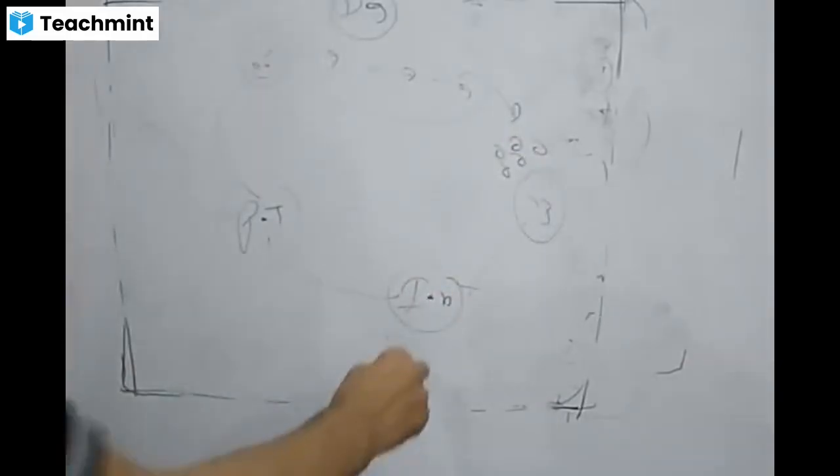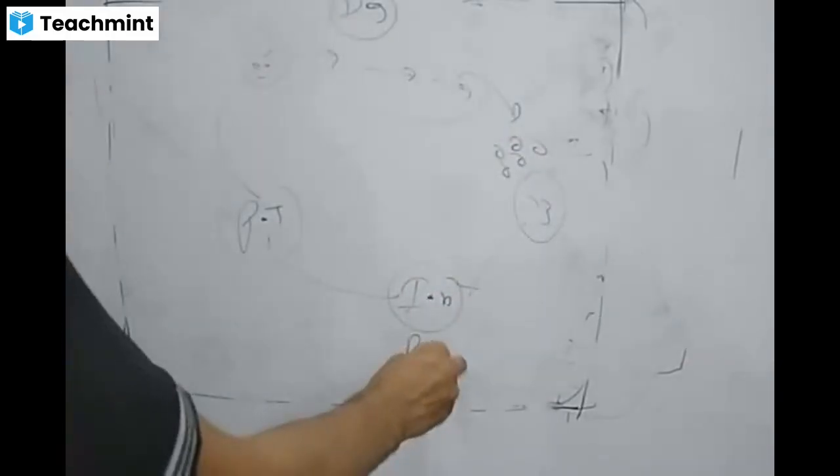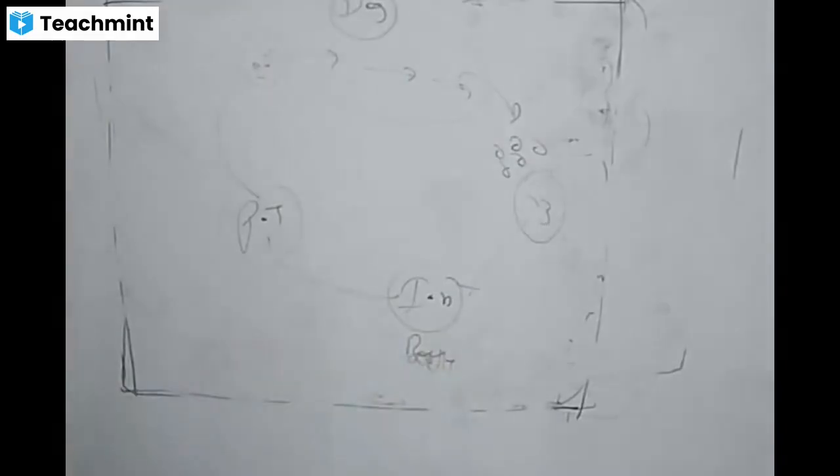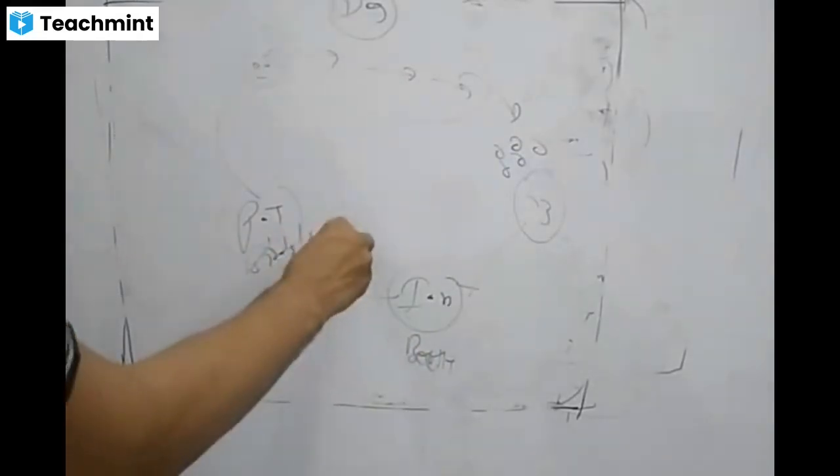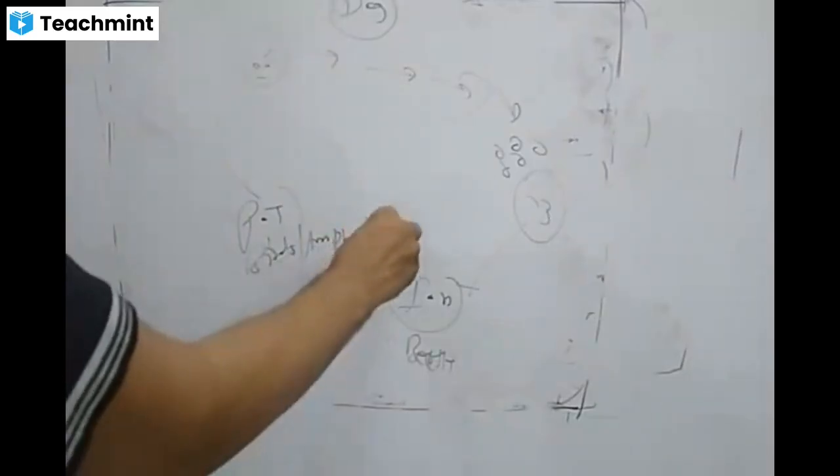So the cycle goes like this. Intermediate host is your beetle, and paratenic host or transport host are birds, amphibia, or reptiles.